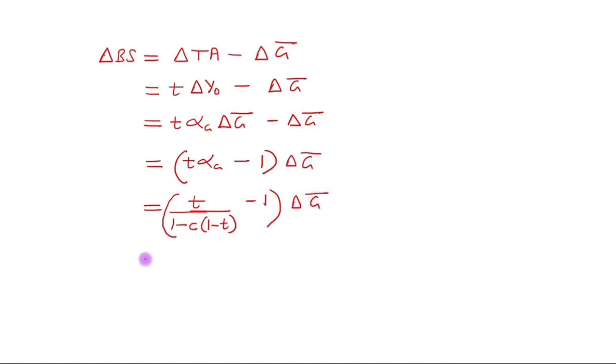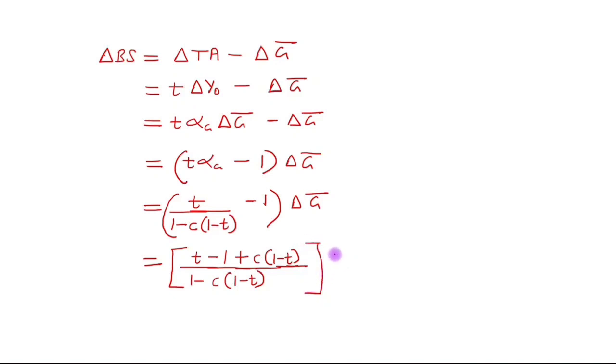In the next step, we will take the LCM, so it will be t minus 1 plus MPC times 1 minus tax rate, and here is change in G bar.